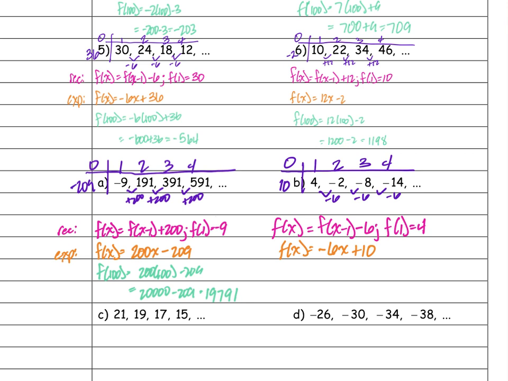I have a question for you guys once I get done. Let me finish this and then I'll ask when we're not recording. So f of 100 equals negative 6 times 100 plus 10, so that's negative 600 plus 10, which is negative 590.